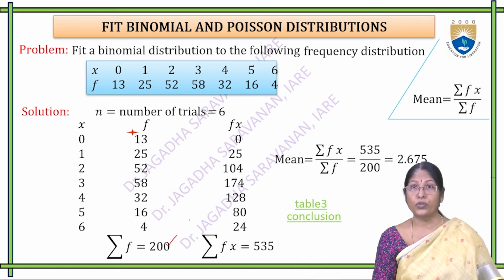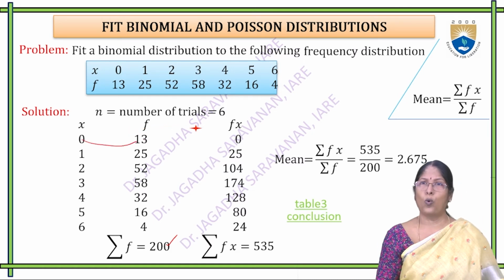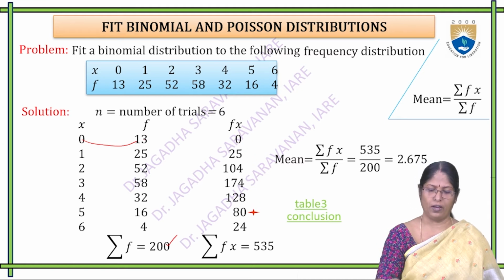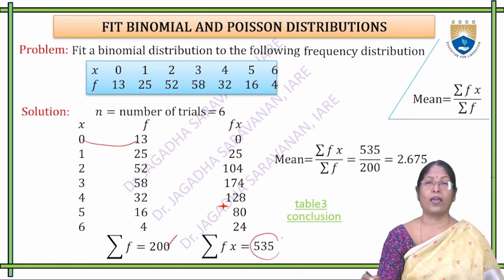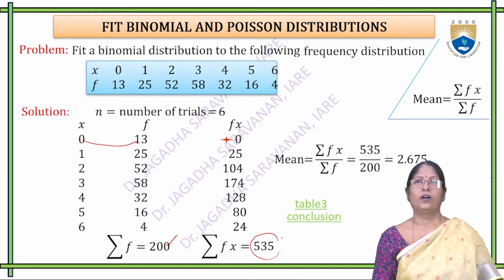Then we moved to the multiplication, for which we again took the complete data, and we obtained 535. That's what the star denotes.